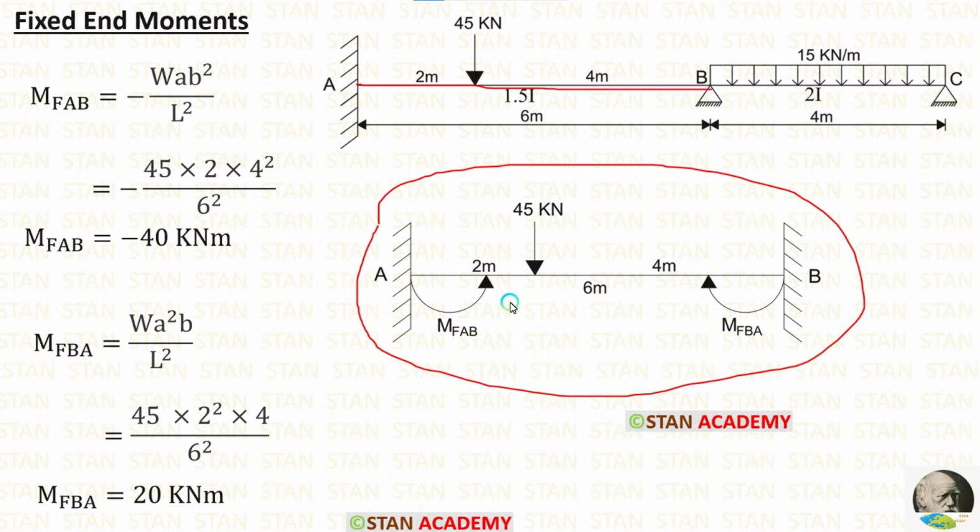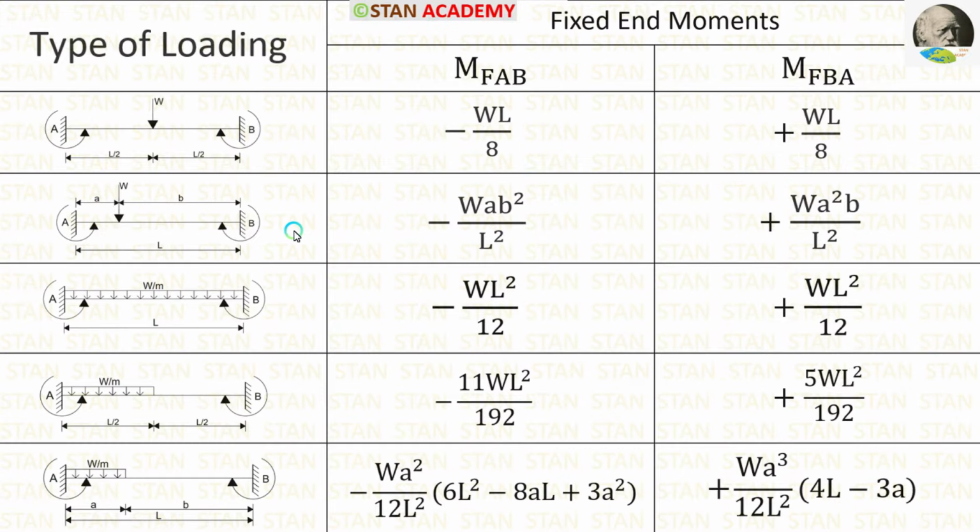Now let's see the formulas to find out the fixed end moments. In this table, you can see some of the important fixed end moments for the different type of loadings. In the span AB, there is a point load. That point load is not acting on the center, so we have to select this condition.